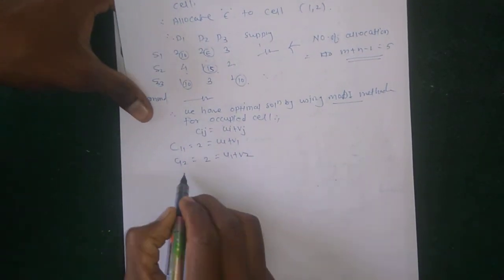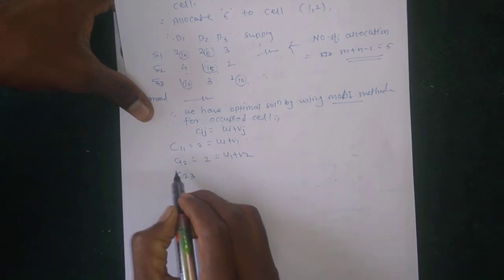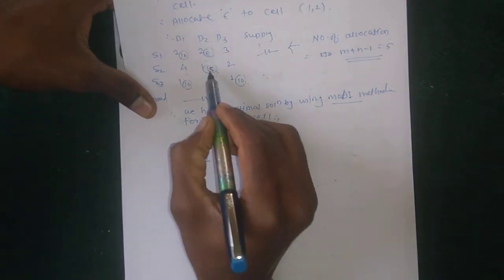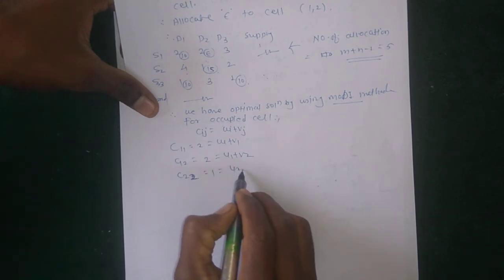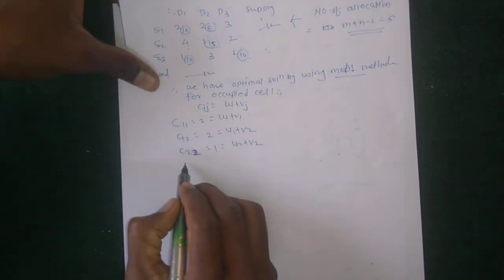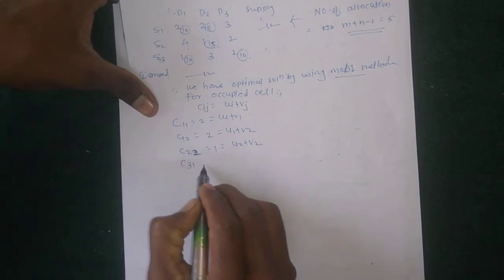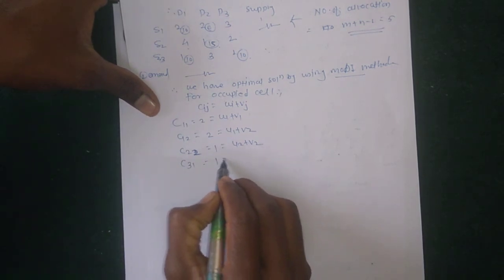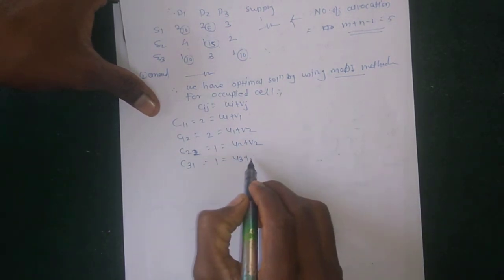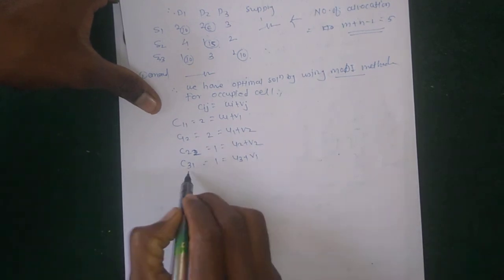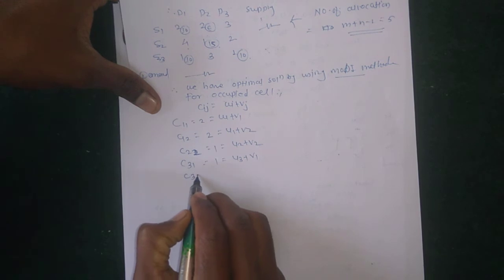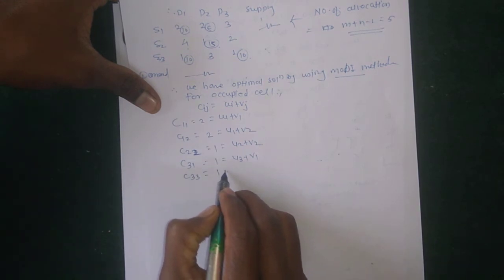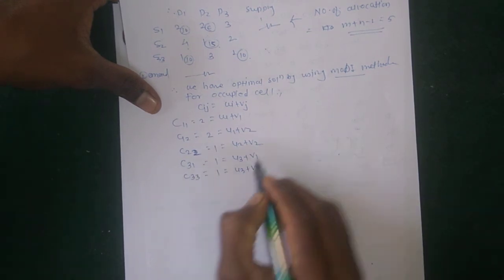Then next is C22, here C22 value is 1, equal to u2 plus v2. Then next is C31 equal to u3 plus v1. Then next is C33 is equal to 1, equal to u3 plus v3.